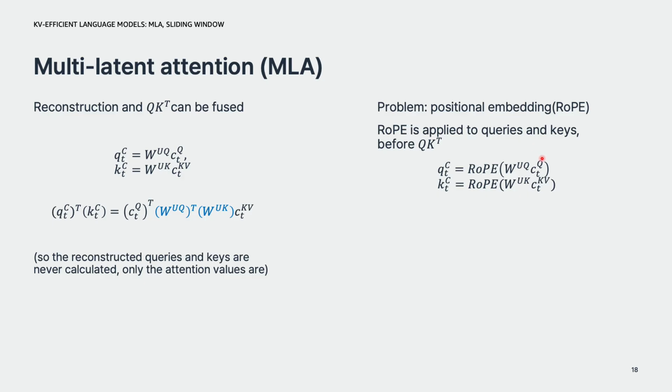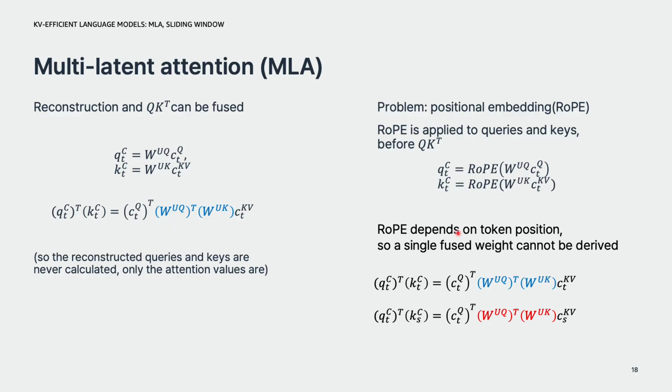After the query latent is up projected to query, RoPE should be applied to obtain a true query, a positional-embedding-incorporated query. The same is true for key. And the problem is that if we do the RoPE, we cannot do the fusion.